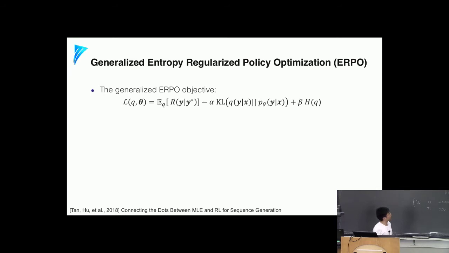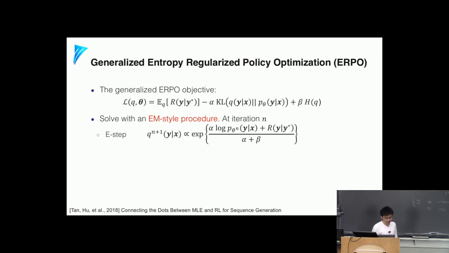And how should we optimize this objective? Again, we can use the EM style algorithm, which we have seen in our last lecture. At each step, because this objective is convex with regard to this Q distribution, we have a closed form solution for this Q. It's basically an energy-based model, with this reward function and the model inside this exponential function.